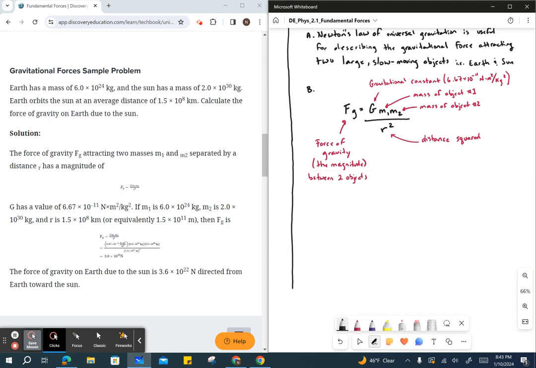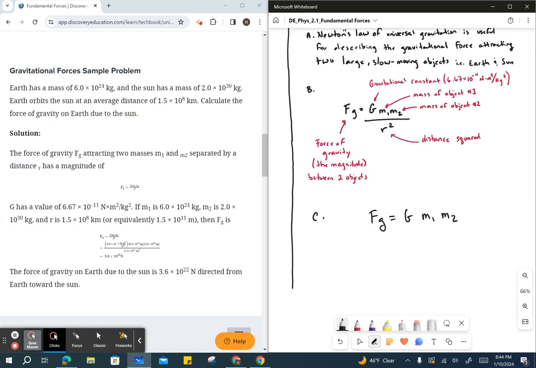So in this formula, the force of gravity is directly proportional to the mass of object 1 and the mass of object 2. I'm not going to say it's directly proportional to the gravity, because G is going to be constant all the time.